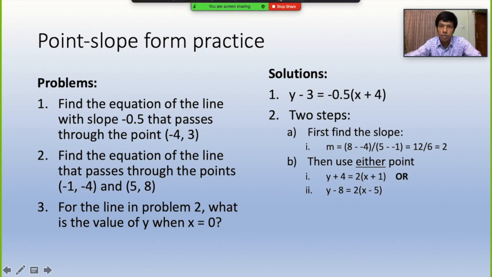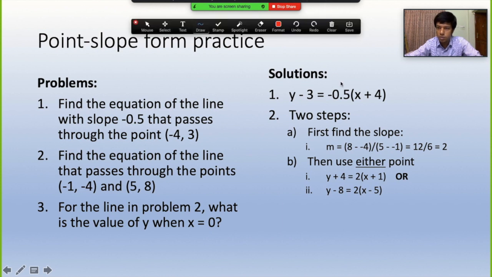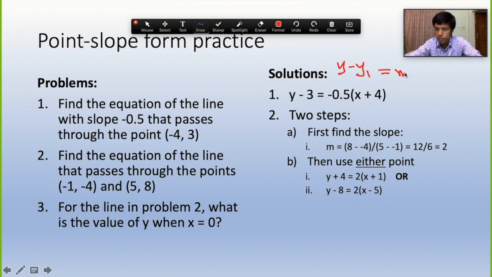The rule that we have seen in the previous page, as you know, is y minus y1 equals m times (x minus x1). So basically we are putting all these things here in this form. This is y, minus y1. Y1 means you can consider this one is x1, this is y1.